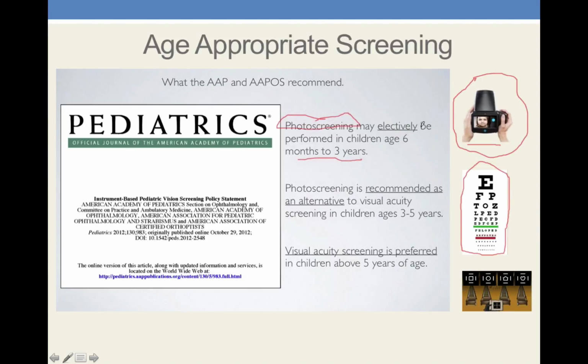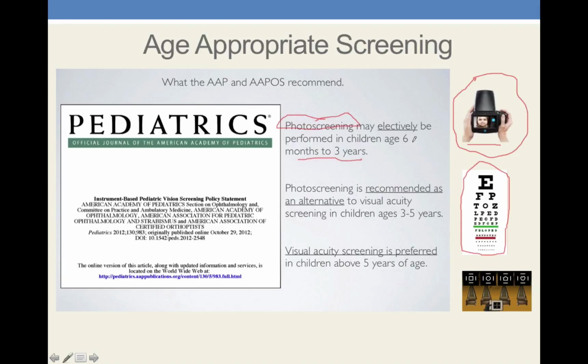But what these devices do is they take measurements of the eye, and then they evaluate for risk factors. It's not telling you whether or not the child can see. It's basically saying the eye has the correct shape, and that is not evaluating the entire visual system of the child. It's only looking at their eyes.